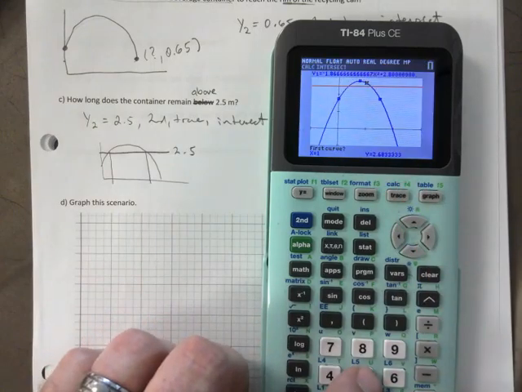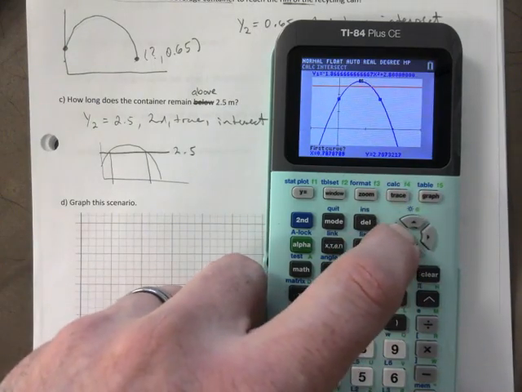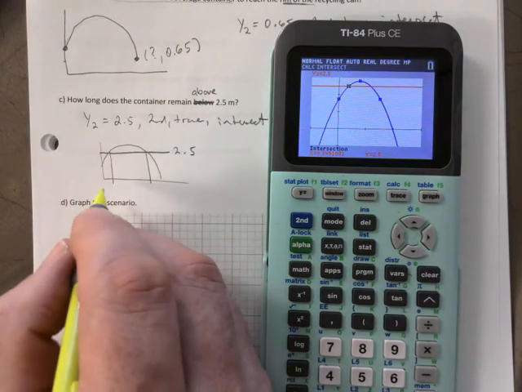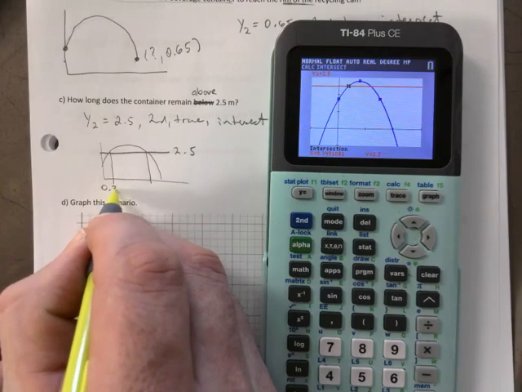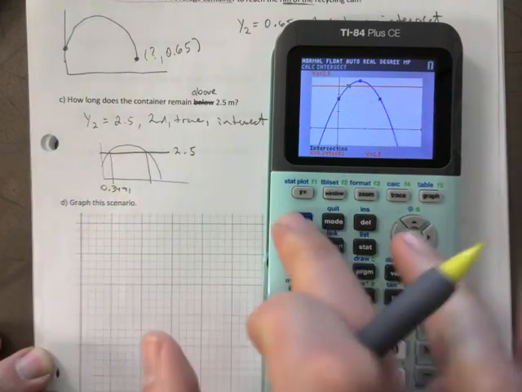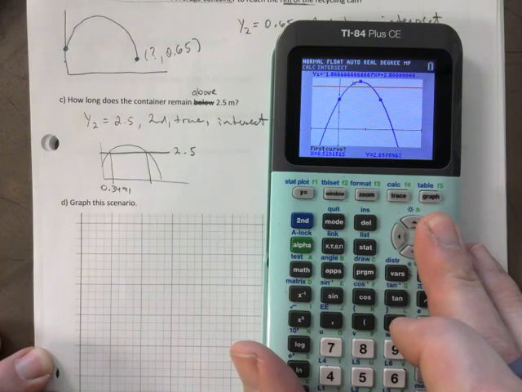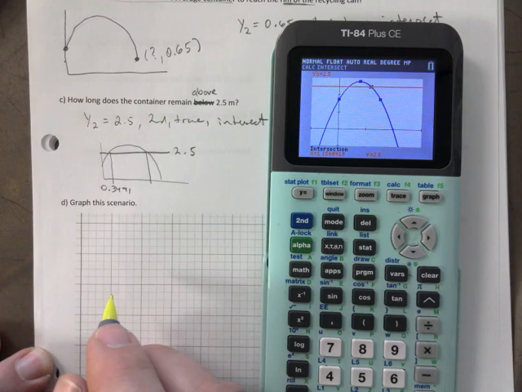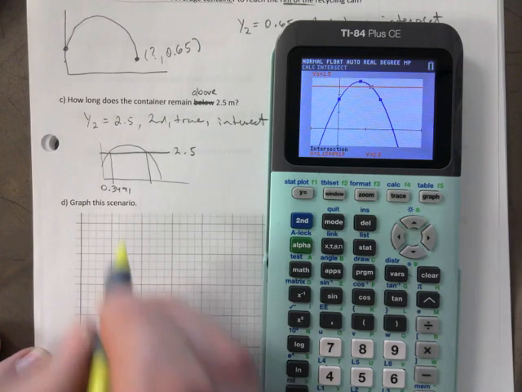And what are we going to do with those? We're going to subtract them, because you're asking how long did it stay at or above. So the first one is 0.3491. The second one is 1.1509.